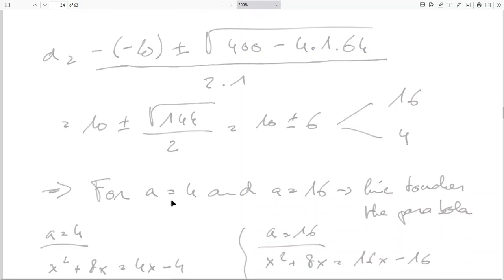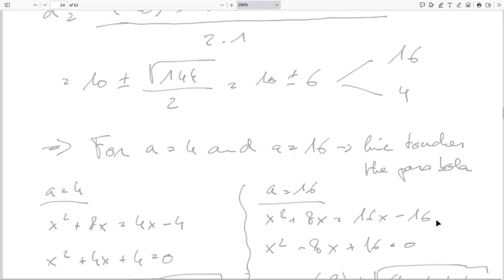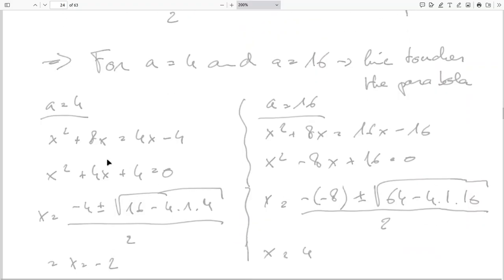So for a equal 4 and a equal 16, the line will touch the parabola. If you fill it in, for a equals 4, you get x equals minus 2, and for a equals 16, you get x equals 4.